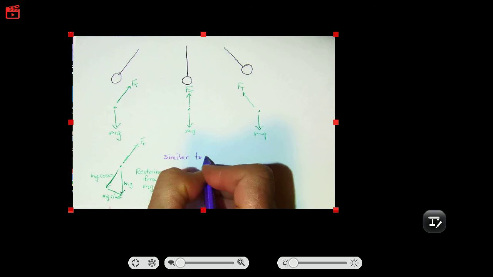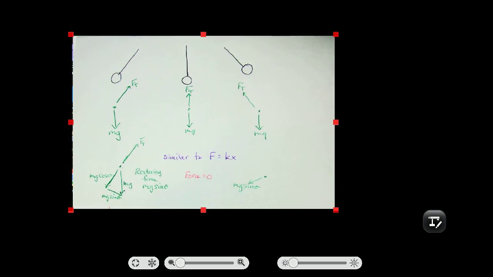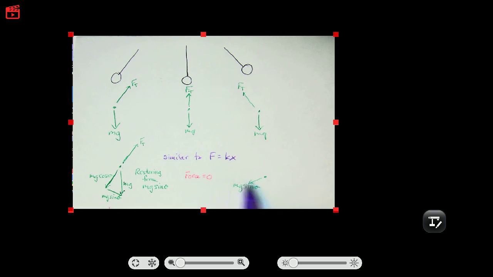Similar to F equals kx. The maximum distance that we pull it, that's our x. We have our maximum force because we have the maximum angle at that point. It goes to 0 at this point, and then we have the same thing on the other side.